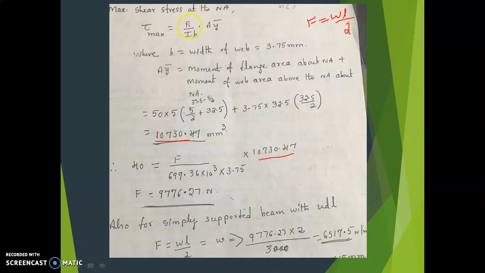If you know that, you can calculate F. And I, for an I section, is capital BD cube divided by 12 minus small bd cube divided by 12, and B is the width of the web. Then the A y bar definition, you remember, that is very important. Only the portion above the neutral axis you have to consider. So A y bar you consider separately, then you combine here. Once you get that, you can substitute in this equation and you will get W.